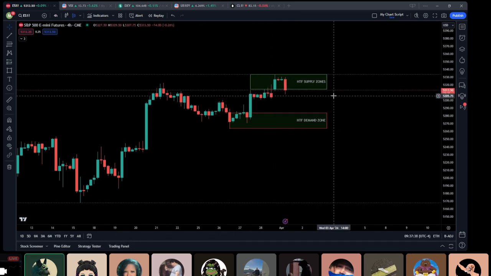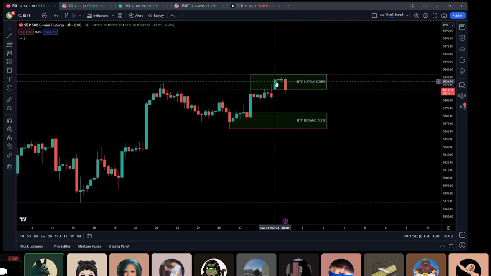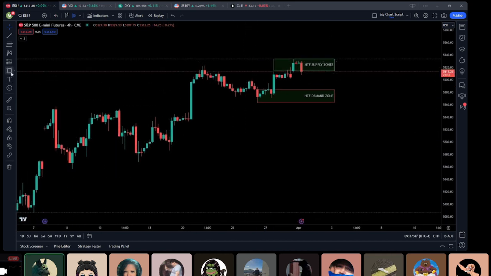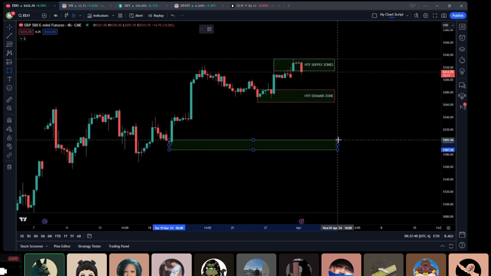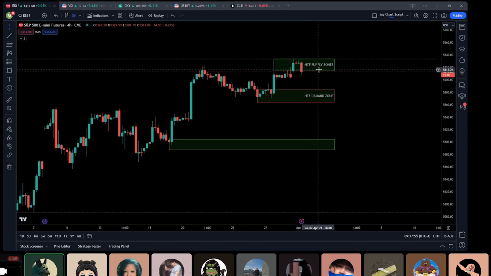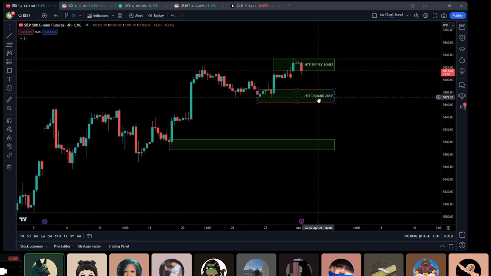That gives you that confluence that this zone here is being defended before it was even established. So you can go all the way back and draw your zones like this. And a supply zone is where sellers are defending this area, and this is a demand zone, a concentration of buyers supporting this area.